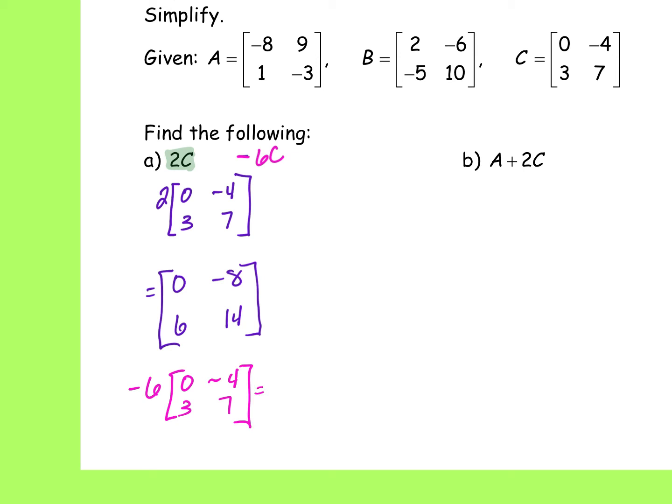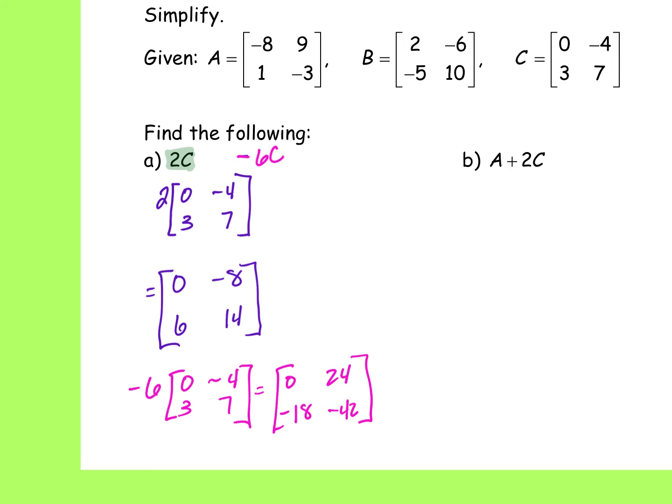The answer would still be 0, because 0 times -6 is still 0. And -6 times -4 would be 24. And then -6 times 3 would be -18. And -6 times 7 is -42. I'm just taking that number on the outside of my matrix and multiplying by everything inside my matrix. And that's how I get my answer.